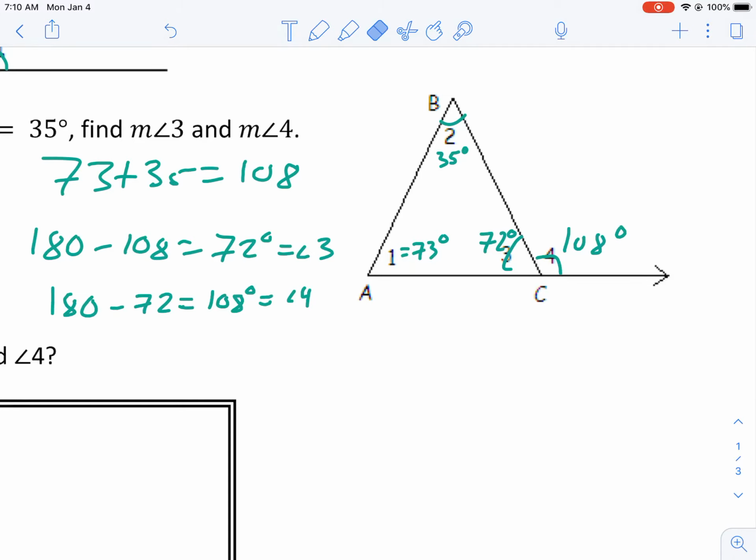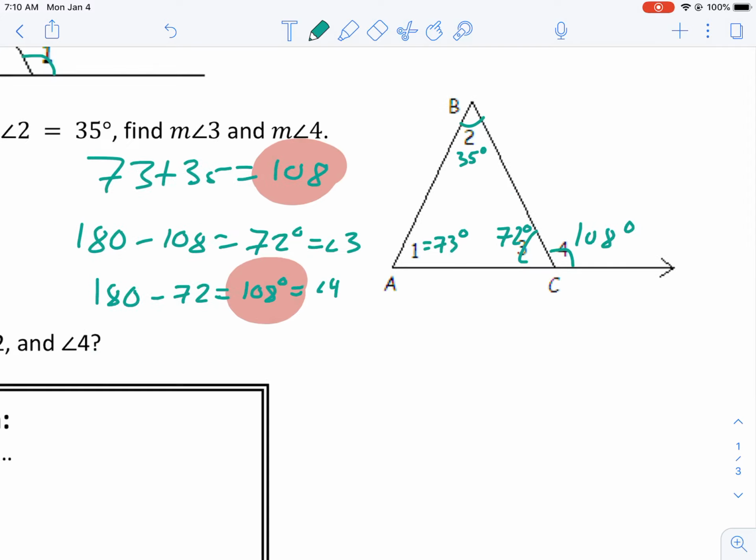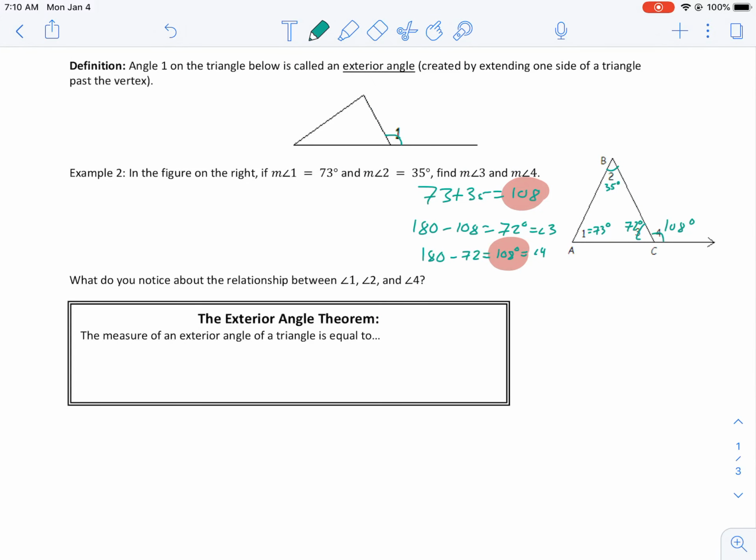Now, we've already seen this number in the problem before. Isn't it up there? So what do you notice about the relationship between 1, 2, and 4?